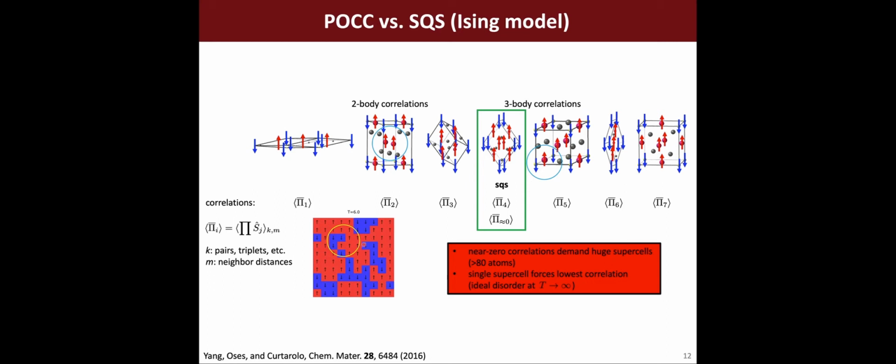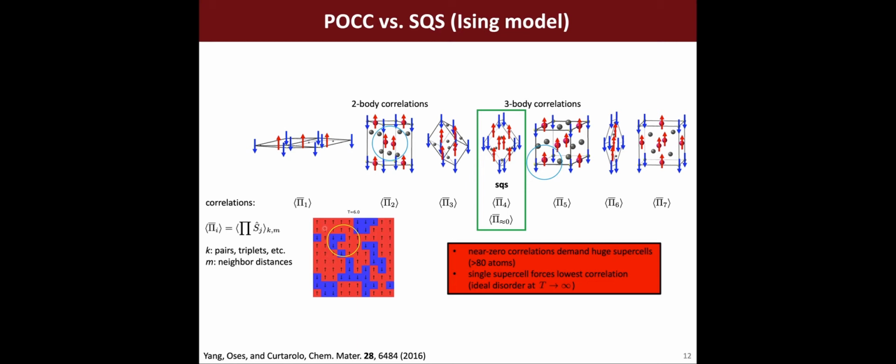And so in the literature, you might see structures that are greater than 80 atoms. I've seen 100 atoms. We're talking about big supercells. And the fact that we're choosing only one, and we're really in this picture here, means that we're focusing on the very high disorder regime, where really that only exists when temperature is infinite.